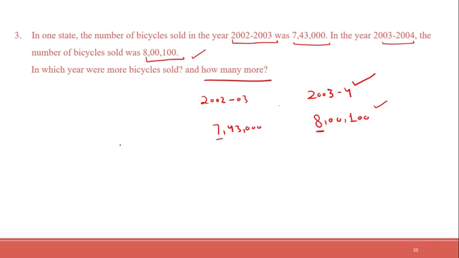To find how many more, we will just subtract 7 lakh 43,000 from 8 lakh 100. Why? Because let's say I give you 50 rupees one day, and the next day I give you 100.